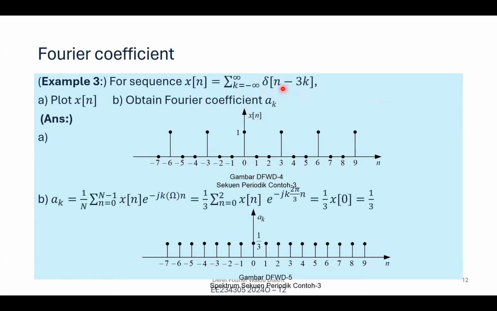So if n here is, let's say, minus 7, it does not really have any value. But suppose that if n equals 3k, so that becomes 0. And if n equals, let's say, 6, it's a periodic signal, right? So it repeats every 3k.